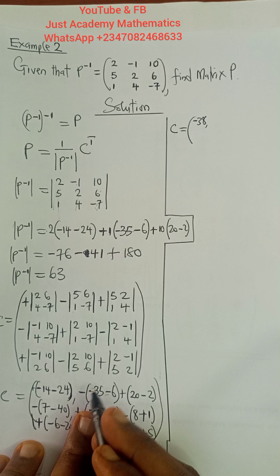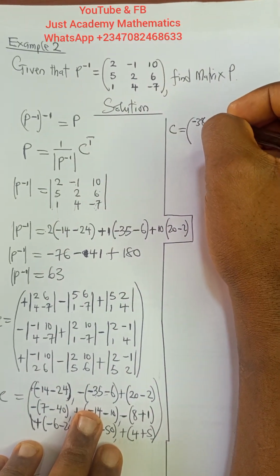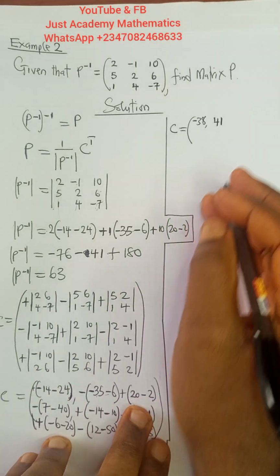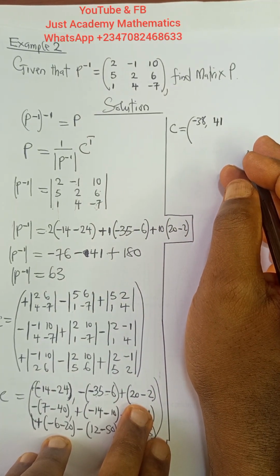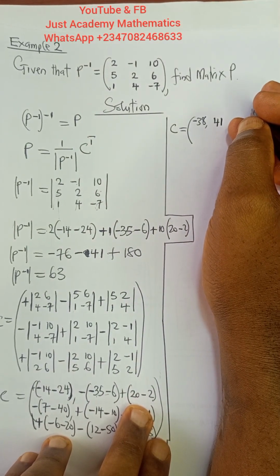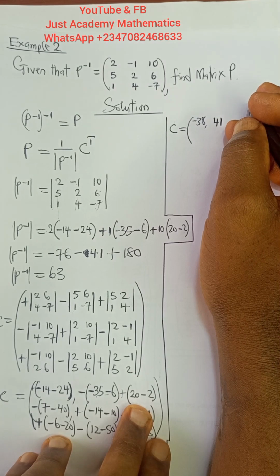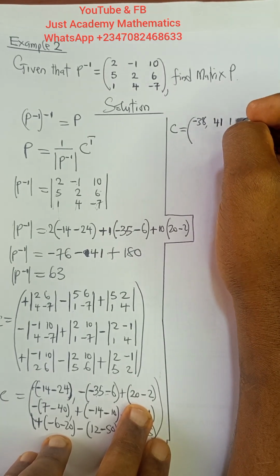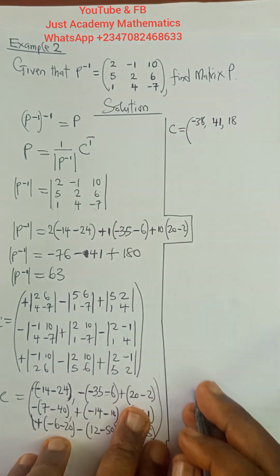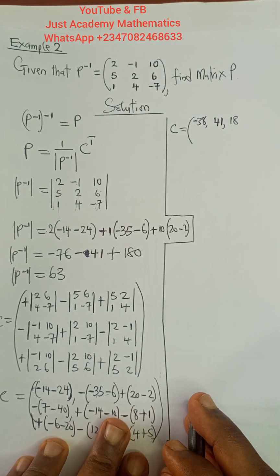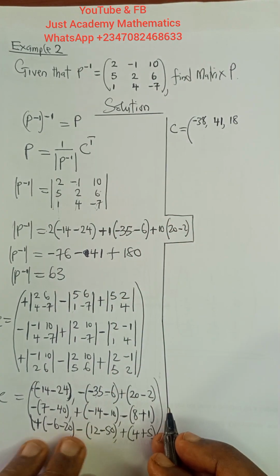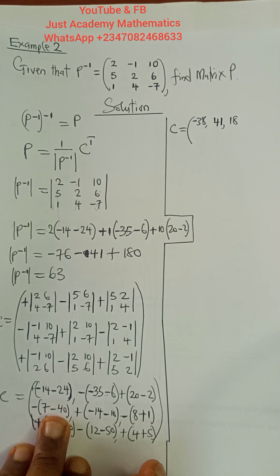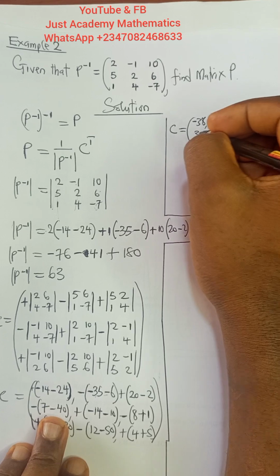Negative 41 times negative, plus 41. This is 18. We have 18. Although there is no need for all those commas there. Now here is minus 33 times minus, 33.